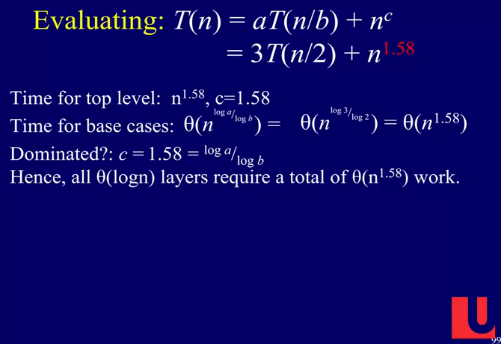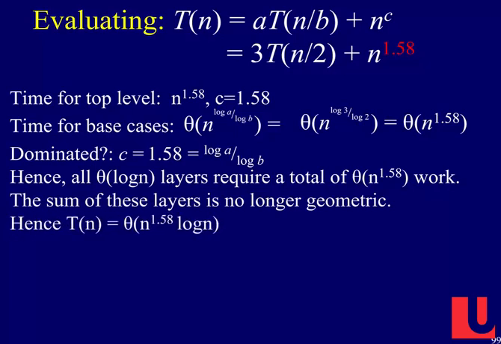If all those layers have basically the same time, then the sum is the number of terms times the term. So we bring in an extra log n, and the running time is the work at the top layer and the bottom layer times log n. Maybe I should add an extra slide.